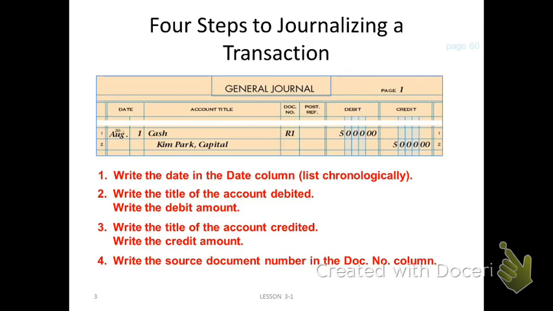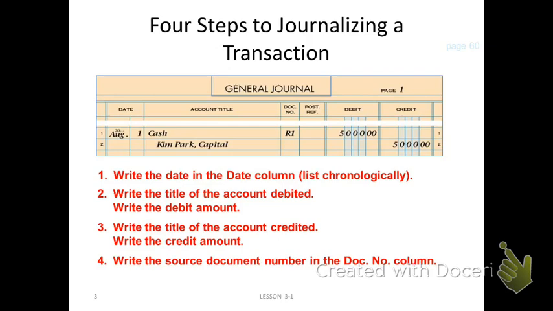So if you're only using this journal for the month of August and you fill it all the way up to the very end and it's just the month of August, you'll never have to rewrite that month. But sometimes you may not have that many transactions, and maybe you'll have multiple months on one piece of paper, on one journal. So you may have to change the months as you go on. But that's not too common. We do it occasionally, but it's not overly commonly used in this class.